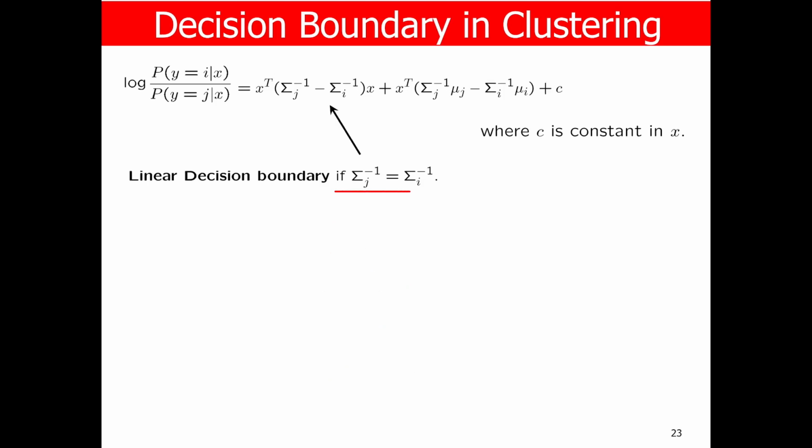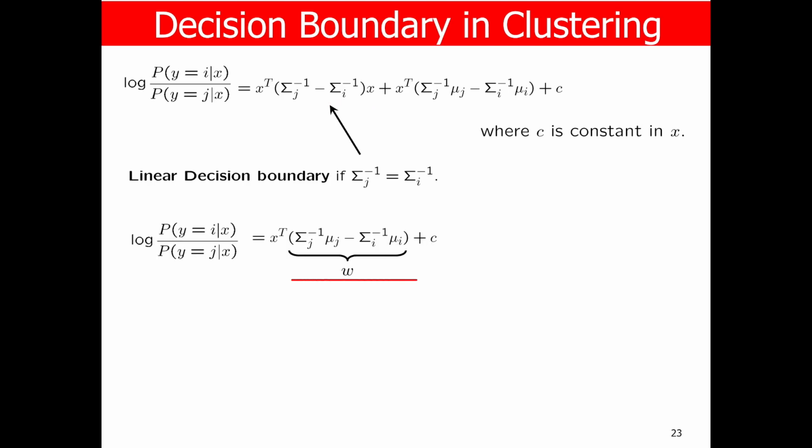However, if sigma i equals sigma j, then the quadratic term cancels out. Let w denote this expression, and c is the constant term as before. Now, the log of the ratio of these probabilities is just the linear function x transpose w plus c.